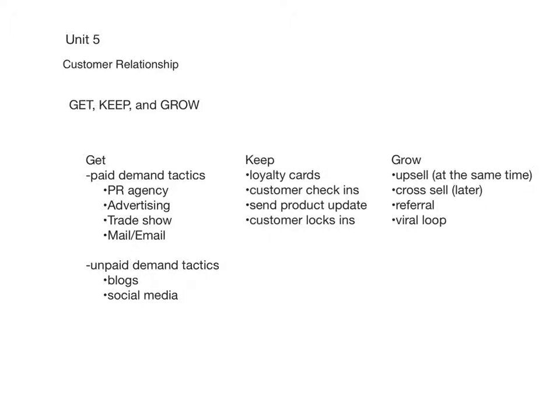So you recommend other stuff to the customers, or cross sales, if you can send emails after the customer has bought your products. Referral and viral loops are similar things where you ask the customer to recommend it to others, and you either pay them or give them coupons.